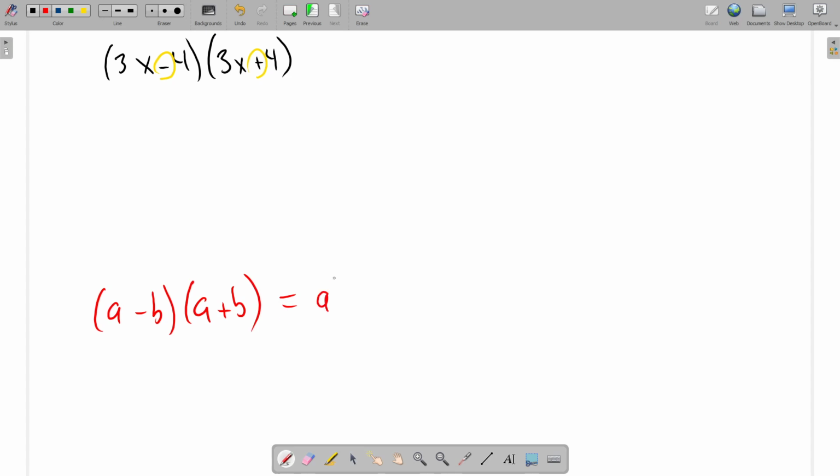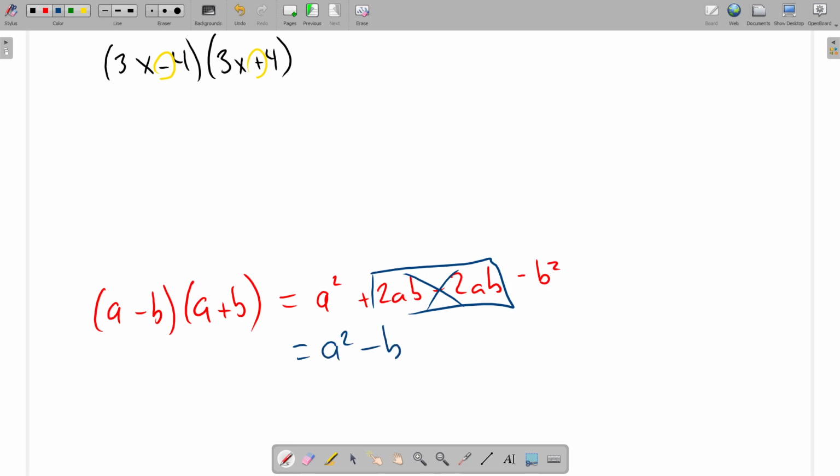You're going to end up with a squared plus ab minus ab minus b squared. And if you combine the like terms, these two cancel. Plus ab minus ab. So your formula for this is a squared minus b squared.